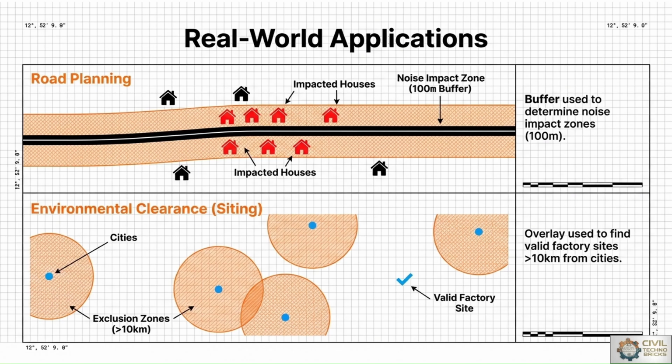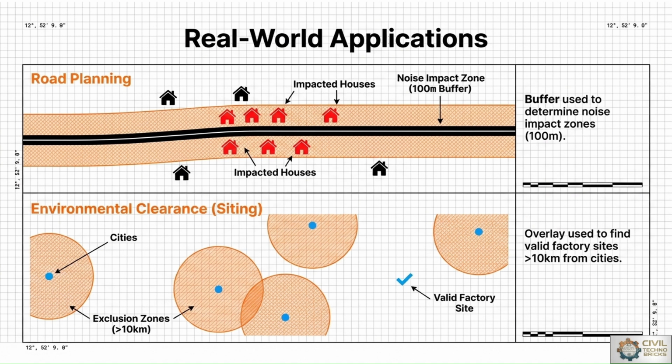So we can compare any two of them, just like intersection and overlay. Overlay is used to find valid factory sites greater than 10 km from the cities, just like an industrial corridor or the distance required for the development of an industrial zone near a city.